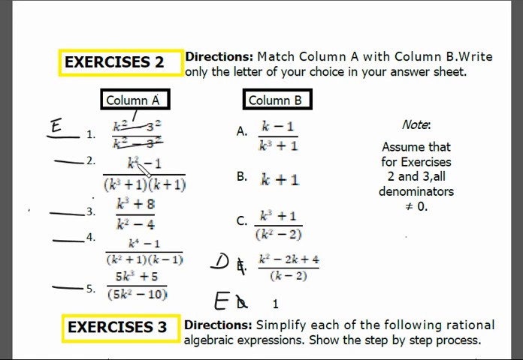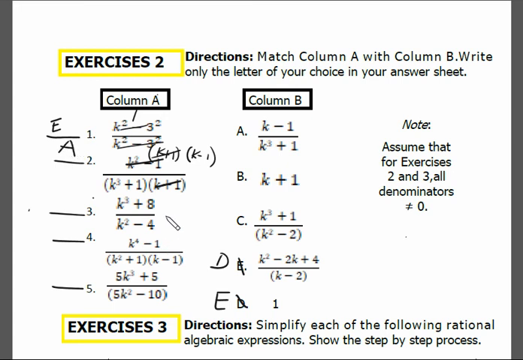Well, the factors of k squared minus 1 are k plus 1 times k minus 1. So we can cancel this one here. So it's k minus 1 all over k cubed plus 1, which is exactly the same as letter A. So our answer here is letter A.